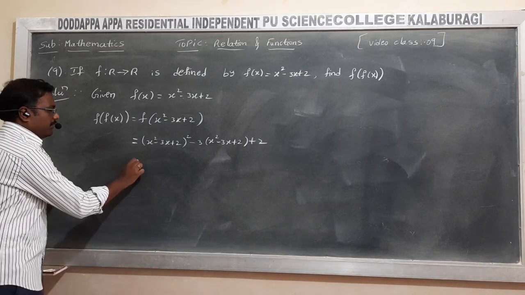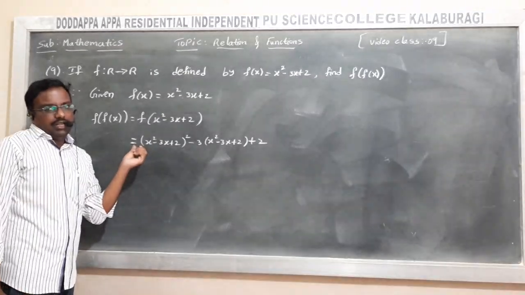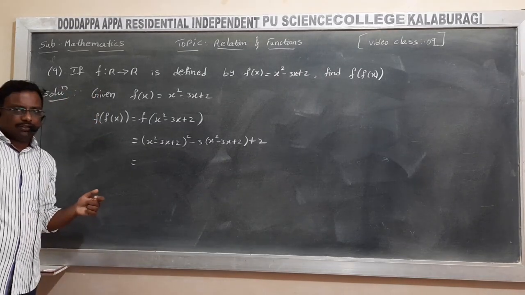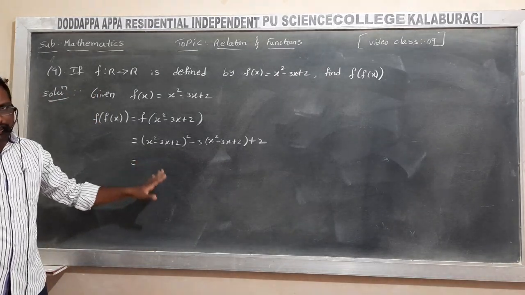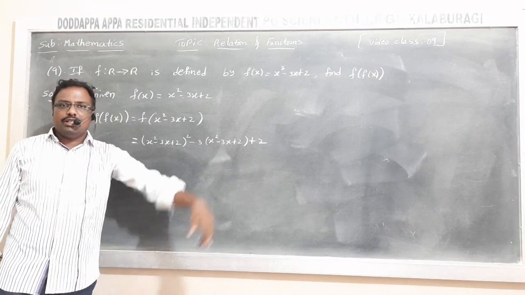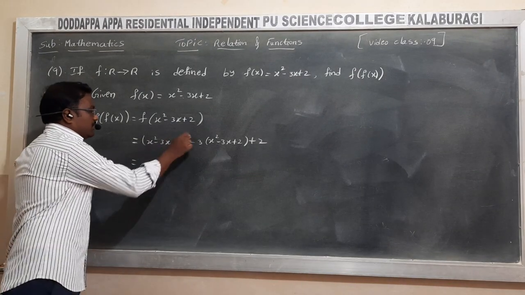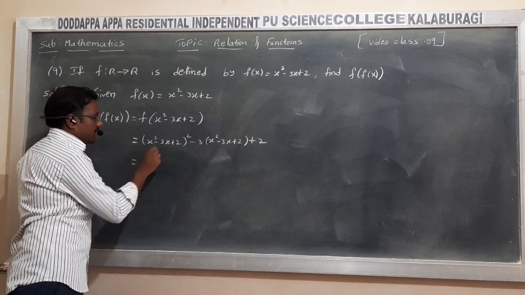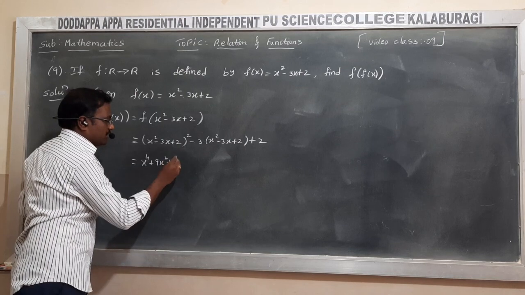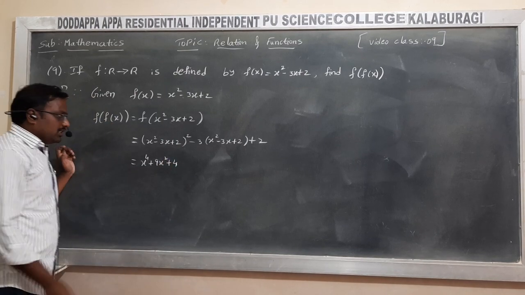Okay. Now simplify. Now it is in the form of (a plus b plus c) whole square. What is the formula for (a plus b plus c) whole square? a square plus b square plus c square plus 2ab plus 2bc plus 2ca. So a square, that is x raised to 4, plus b square 9x square, plus c square 4.